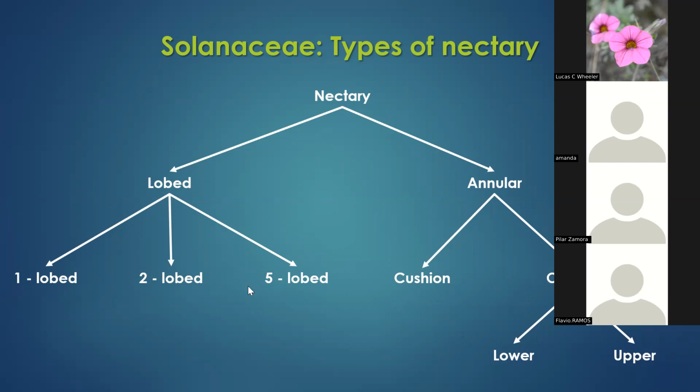I found that the nectary can be categorized into lobed and annular forms. Within the lobed form, there are 1, 2, or 5 lobed nectary forms. Within annular, I could categorize cushion and ovarian forms of nectary, and within ovarian, there is a change in position, which gives lower and upper ovarian nectary types.